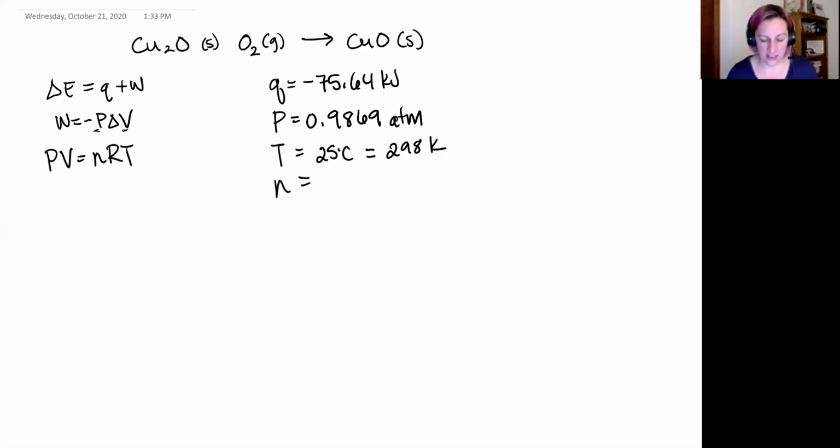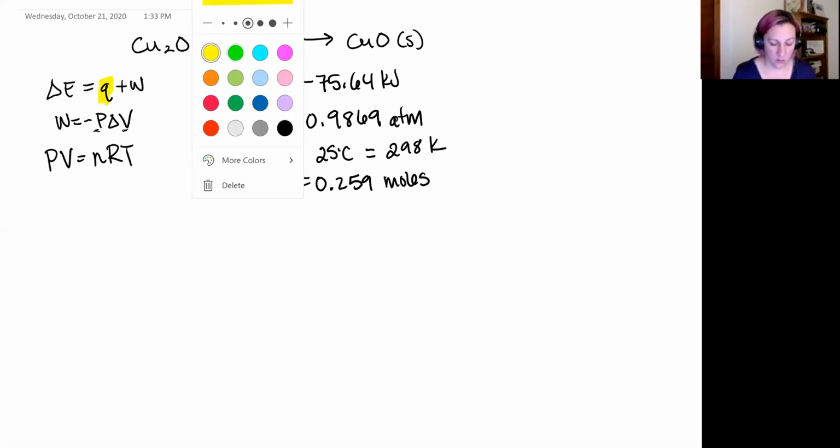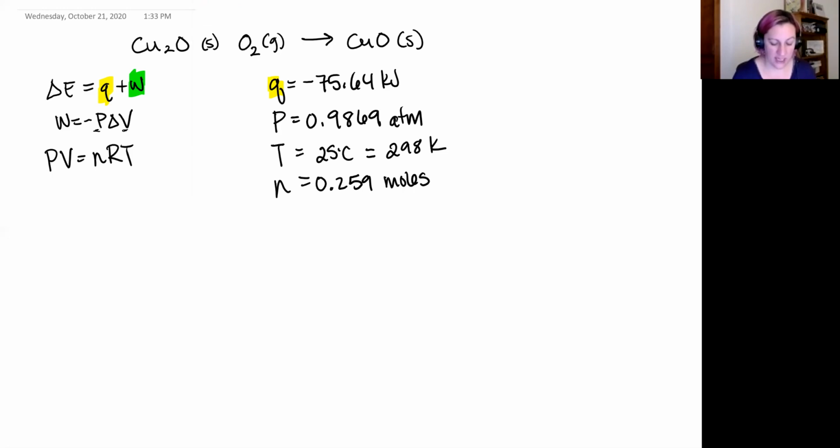And we're looking at 0.259 moles reacting. And so what we need to know is our pressure and our volume to calculate work. We already know what Q is. So we have Q right here, and we need to know what work is to be able to calculate our change in internal energy.